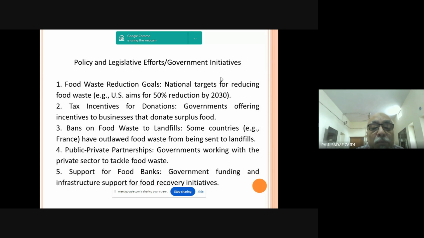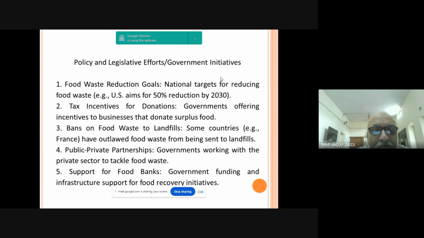So these are then policy and legislative efforts of the government. Food waste reduction goals. Each country should set a target, like US aims for 50% reduction by 2030. Then there could be tax incentives for donations. If somebody is donating surplus food, say for example a restaurant which is donating surplus food to the have-nots, so it should get tax incentives.